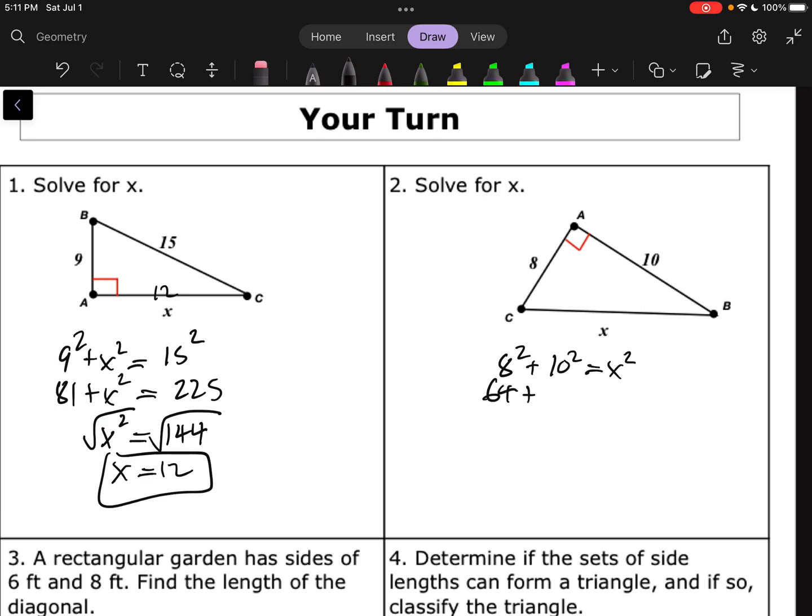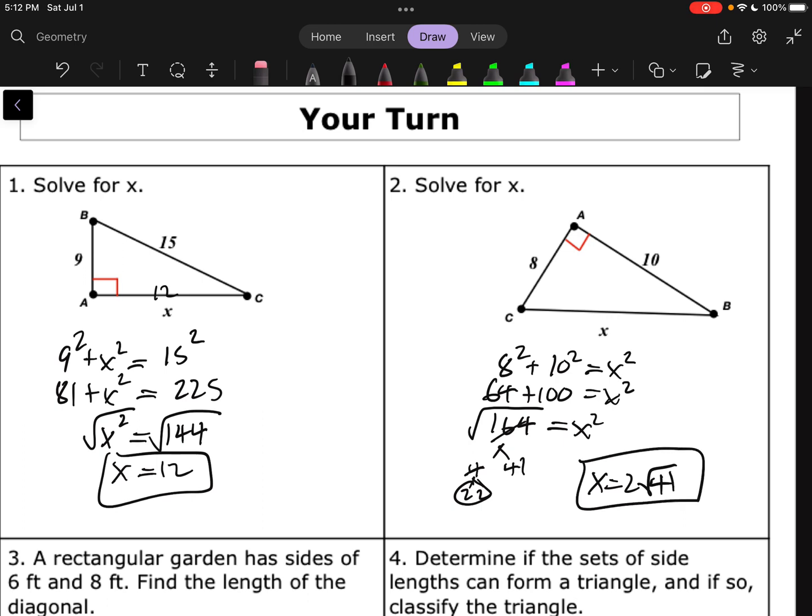That's 64 plus 100. That's 164. Take the square root of that. How can we simplify that? I guess that's 4 and 41. 41 doesn't do anything, but 4 gives us a pair of 2's. So I would say that x is 2 square root 41. If you simplified it, that is what you would have gotten.